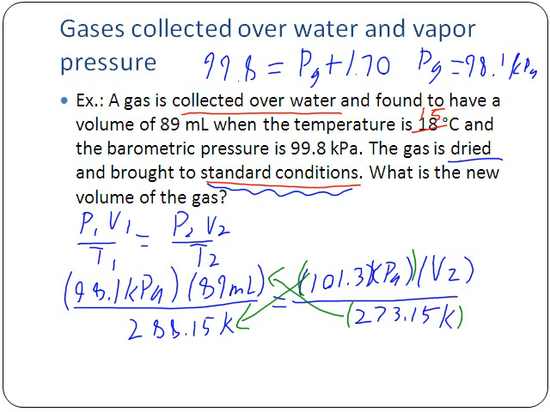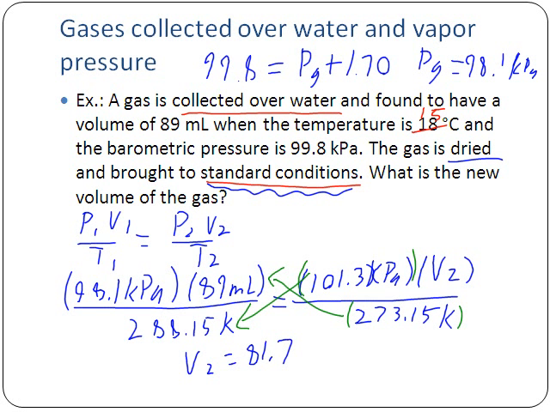And so when we do that, to find our total volume, V2, we'd say 98.1, which is the partial pressure of the gas, times 89 milliliters times 273.15 because we brought that up to the top, divided by 288.15 Kelvin, and then divided by 101.3 because we had to divide that off by cross multiplying. And so by doing this, we end up with a total volume, V2, of 81.7 milliliters.